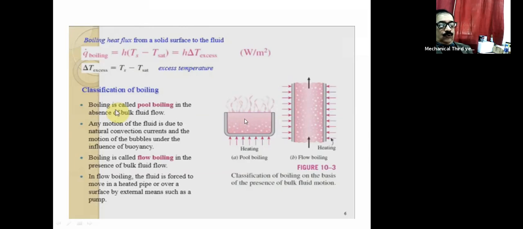I mean, the fluid is not in motion; it's stagnant. For example, when we make tea, we put the water in a bowl and put it on a heater. That's an example of pool boiling.